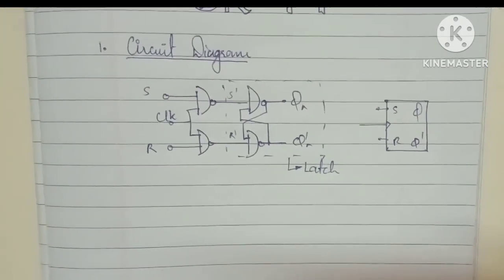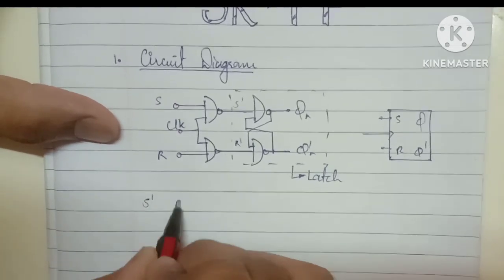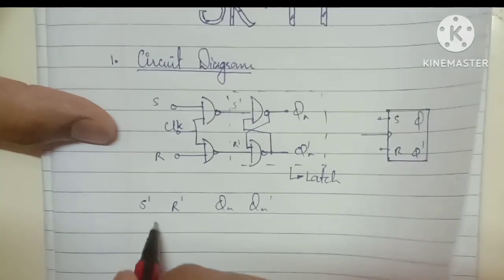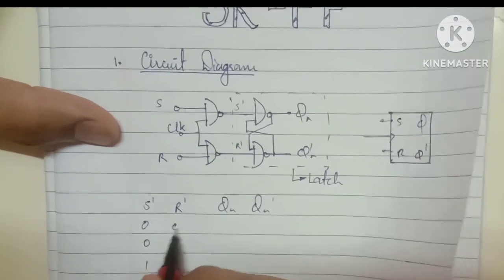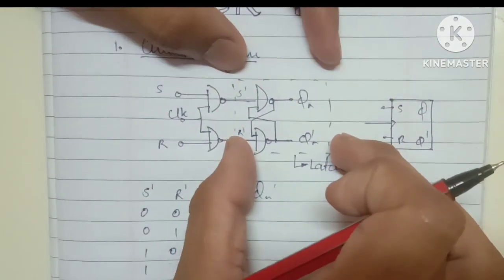I will give you the knowledge of the latch in this part. So here we have S dash, R dash and Qn. Okay, 0 0, 0 1, 0. I am giving the output of this part.